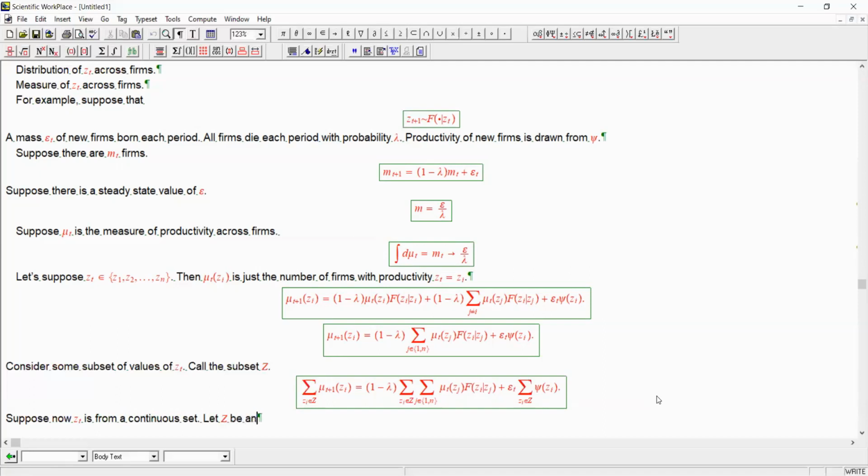Let Z now be any measurable subset of the space from which productivity is drawn.